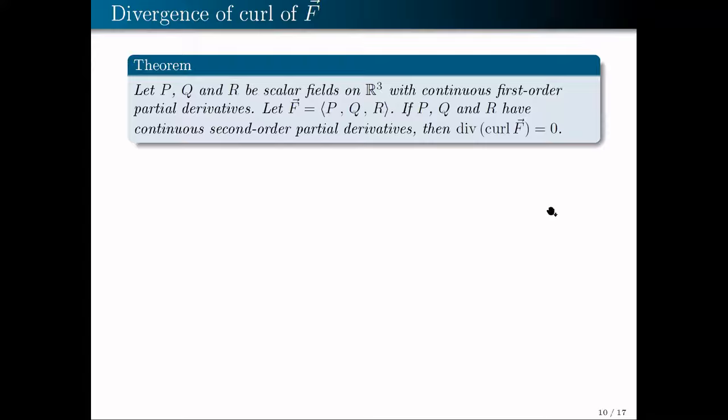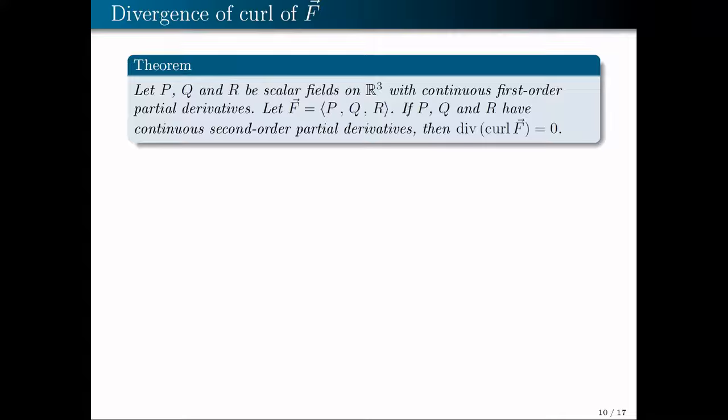So let's now talk about the divergence of curl of the vector field F. This theorem states that we have three scalar fields on R3. They are P, Q, and R, and they are continuous. They have continuous first order partial derivatives.